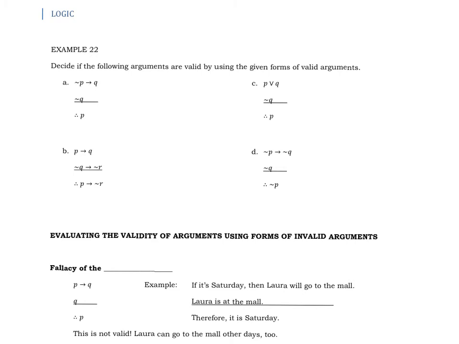I want you to compare it to this: if P, then Q, not Q, therefore not P. Notice as I look through these, the not P is a P, not P is a P. So we've got a direct connection there. Everywhere there's a not P in one, it's a P in the other. That's one clue. And then the Q stays a Q, and the not Q stayed a not Q.